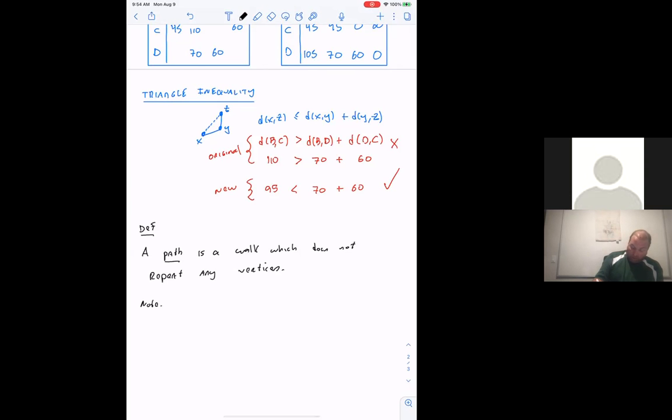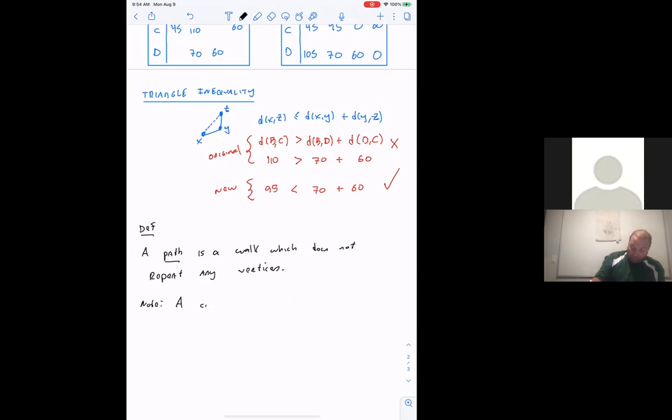Note a cycle is a path, because a cycle also by definition does not repeat any, well, except for the endpoints. So I guess a cycle is a path. Well, let's be a little more rigorous and use the words that the book uses.